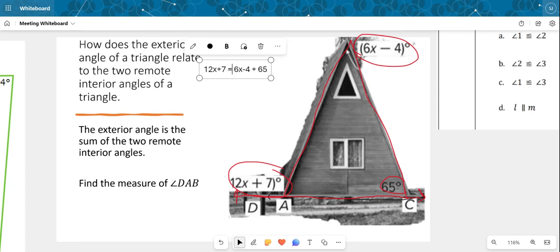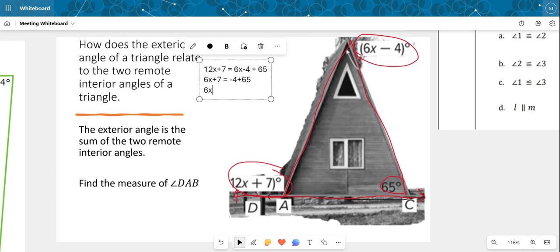Now it's just combining some like terms. Subtract 6x from both sides. We'll get 6x plus 7 is equal to negative 4 plus 65.